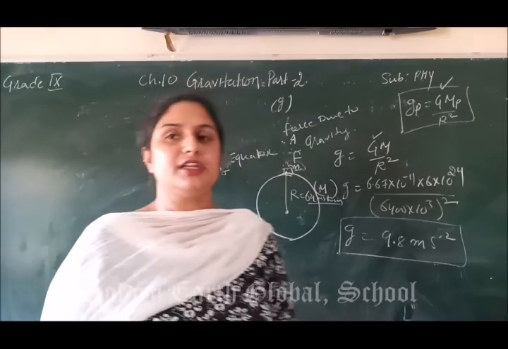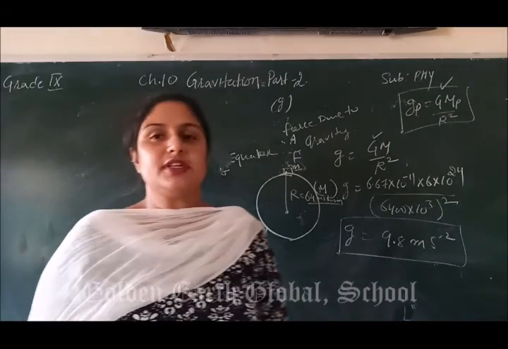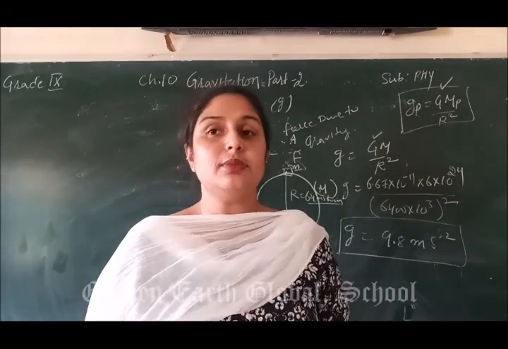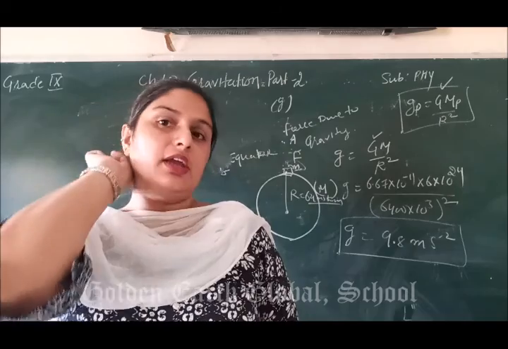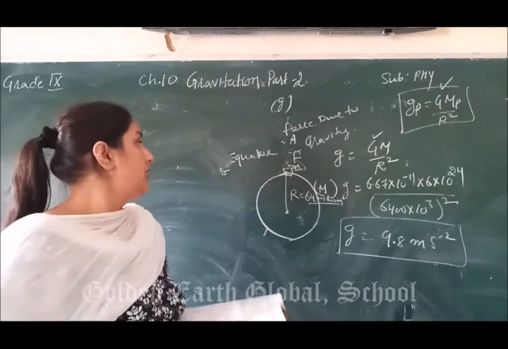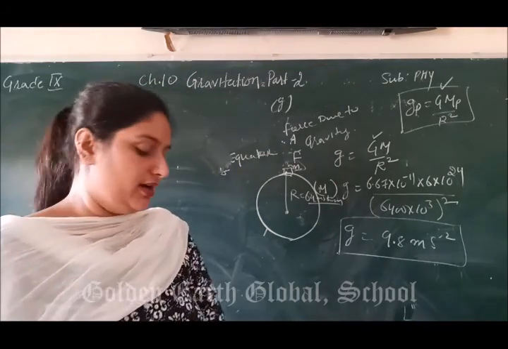Before discussing the relation between the mass and weight, firstly we will discuss the relation between the acceleration due to gravity at the surface of the moon and at the surface of the earth.